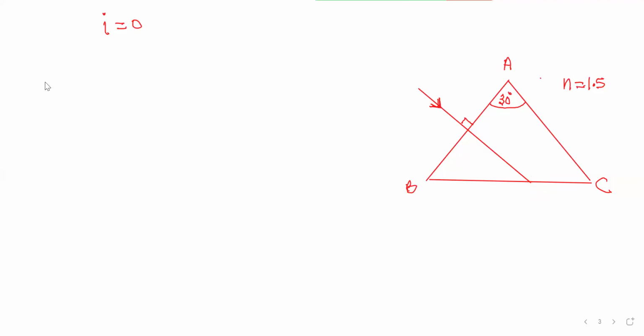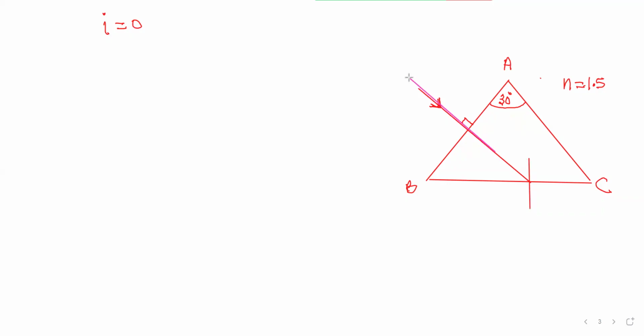Frank, are you okay? It's 0 because, assuming this is the normal, it is always perpendicular to the plane, and the incident ray is along the same normal.